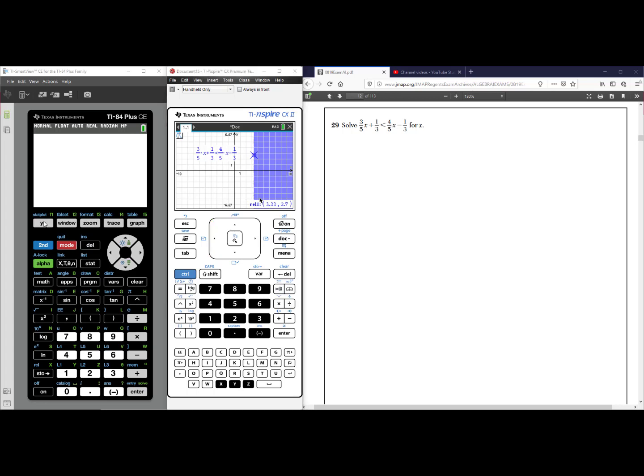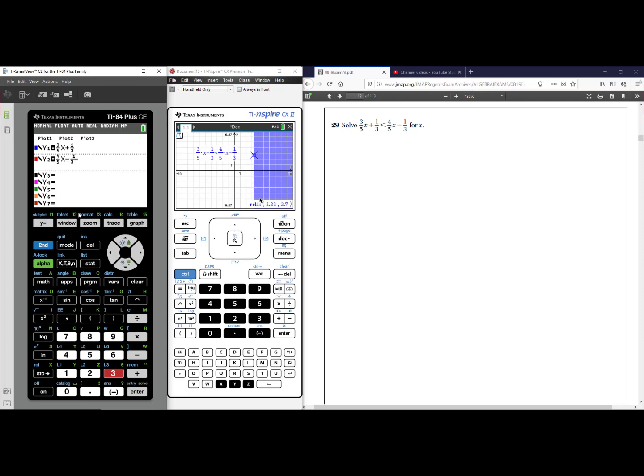For the TI-84 Plus family, I'd go to y equals, and I would put in my left-hand side into y1. 3/5 x plus 1/3, and into y2, the right-hand side, 4/5 x minus 1/3.